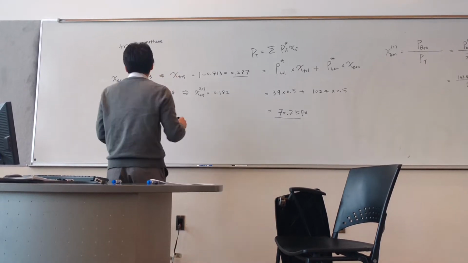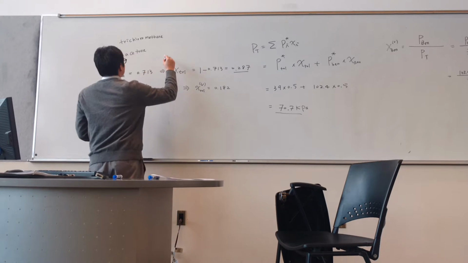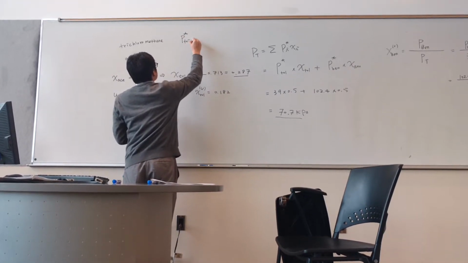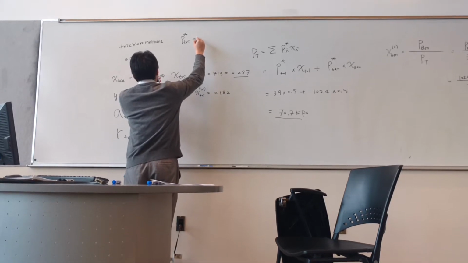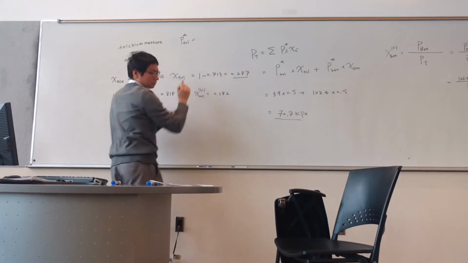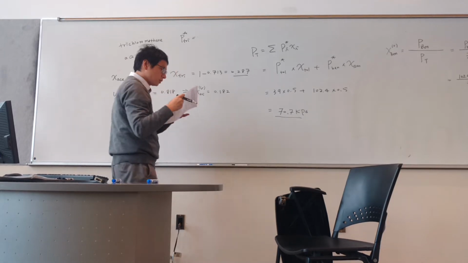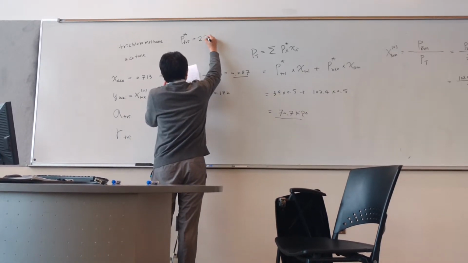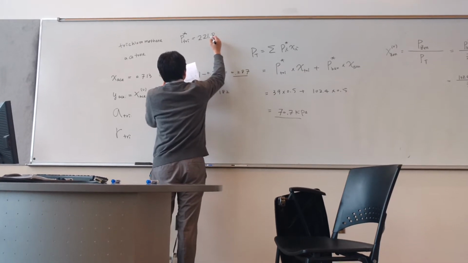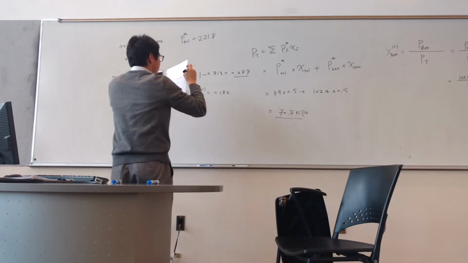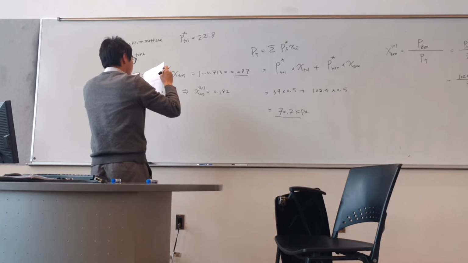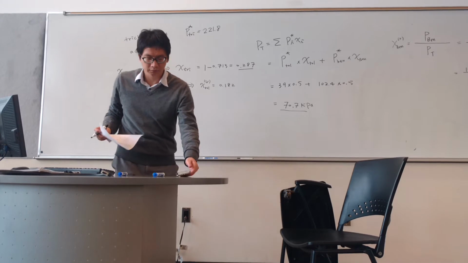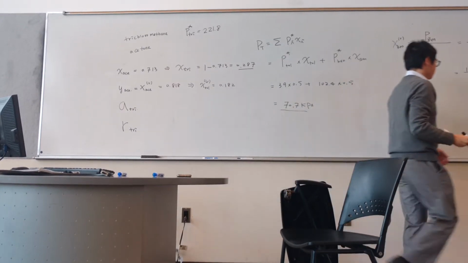Okay, and it also tells you the P star for your trichloromethane equals 221.8. Okay. So that's the question.